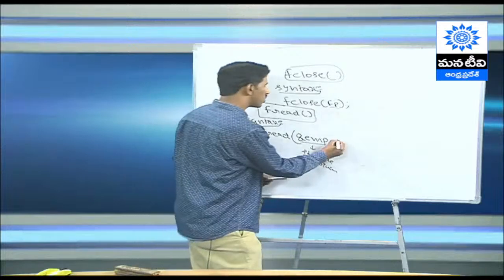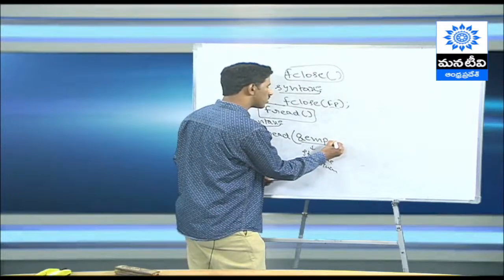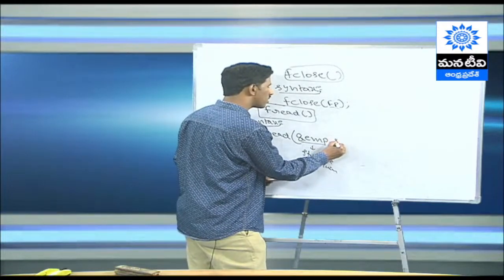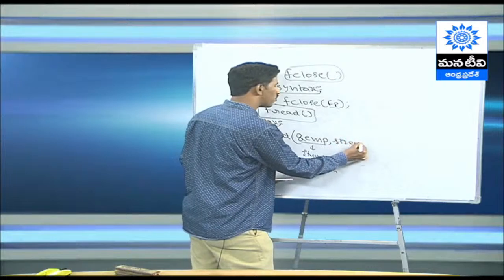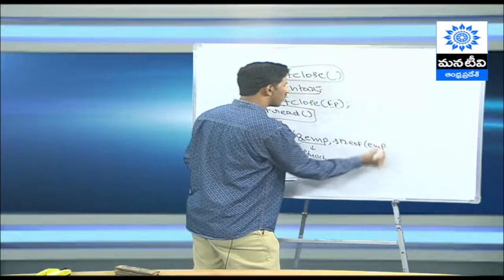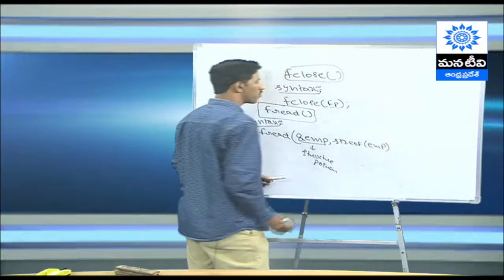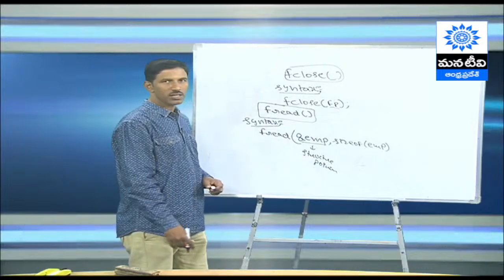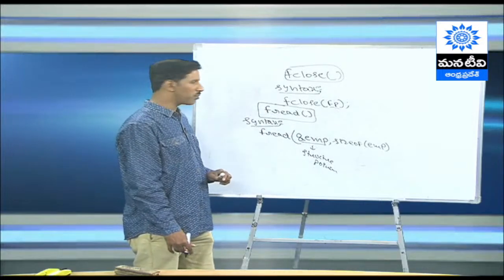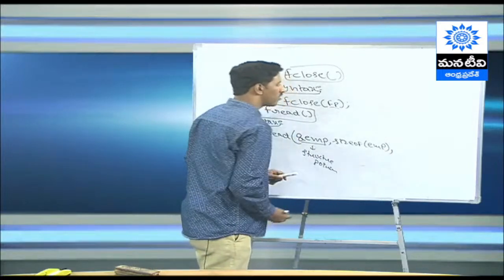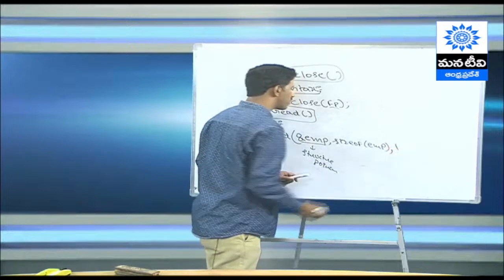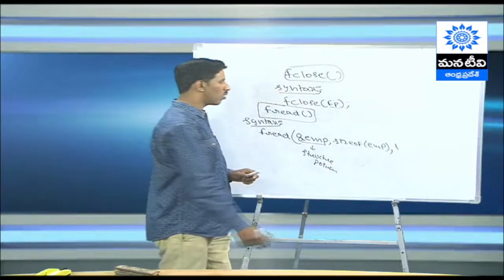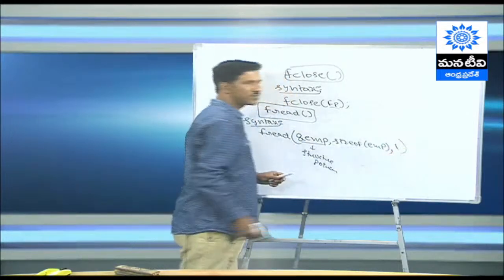After that I use, suppose, 1. What is meant by size of employee? I mean the size of your structure. Is it one employee you want to enter, or multiple employees? After that, the 1. What is meant by 1? It indicates I want to use only one employee.